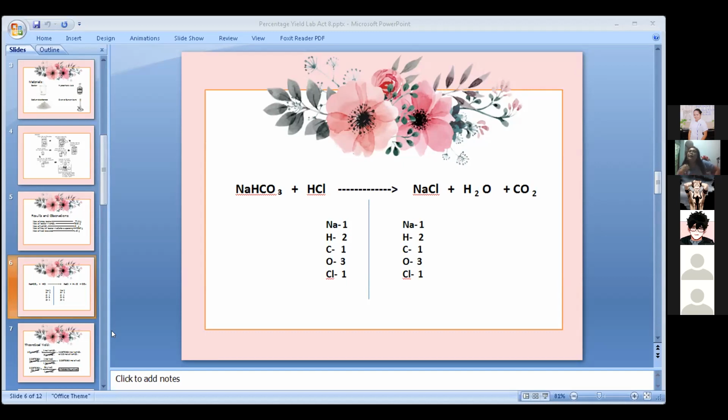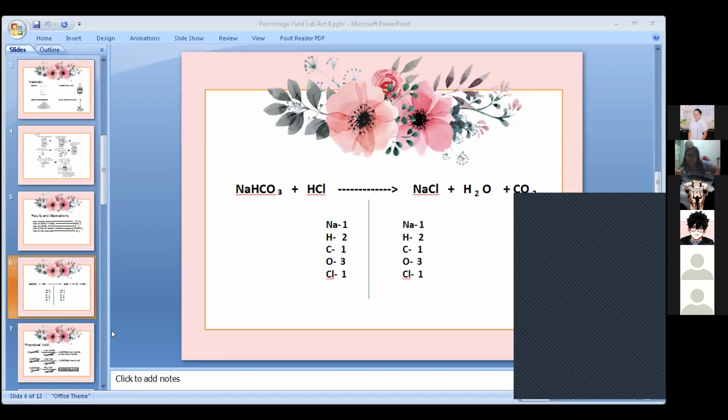So pwede na siya because number 1, sa weighing natay problema basin nag-ingon ta nga 2.5 grams ang atoang gi-weigh pero we have a problem sa weighing, dili dai to 2.5 grams ang tama na weight sa sodium bicarb nga gigamit. That is why pag abot sa product nakulang siya. That's number 1.